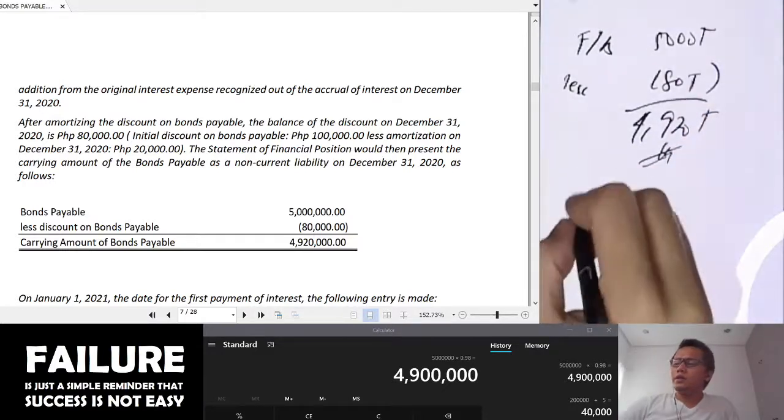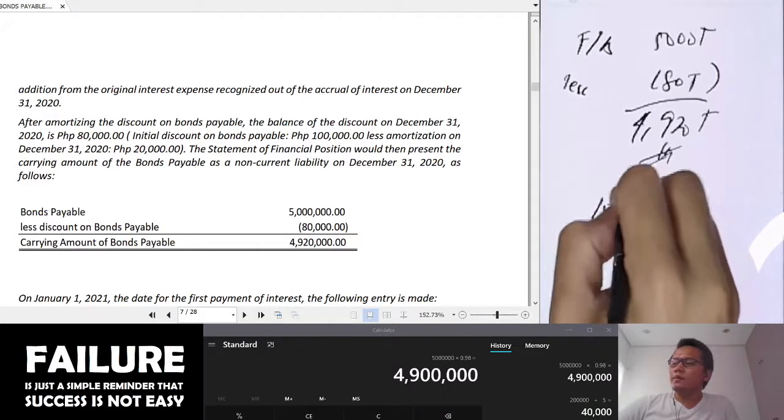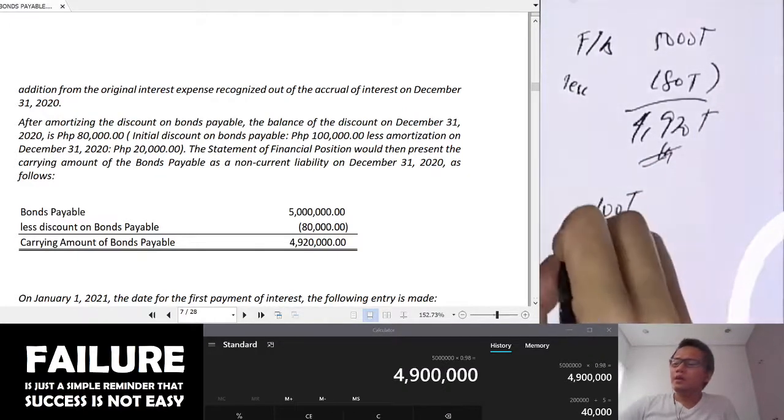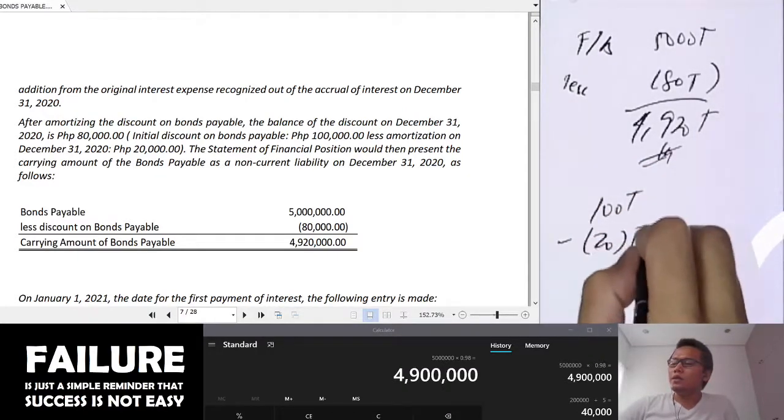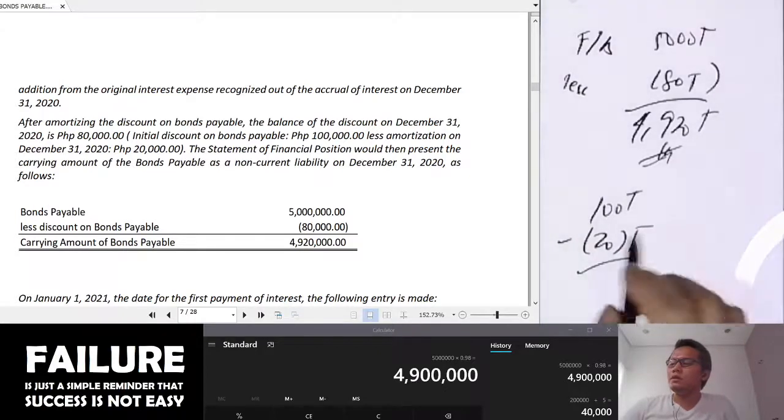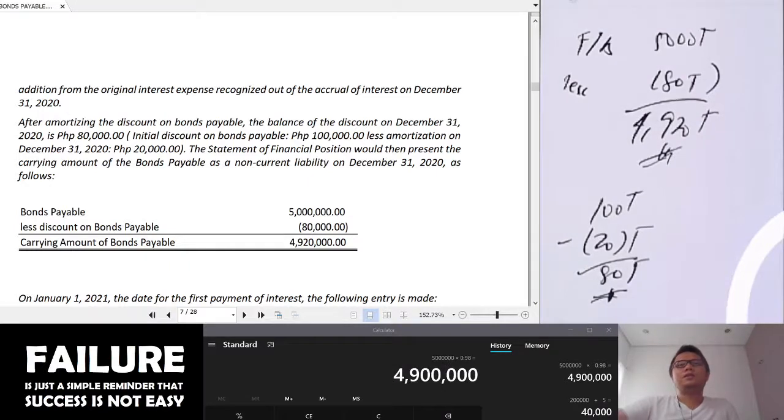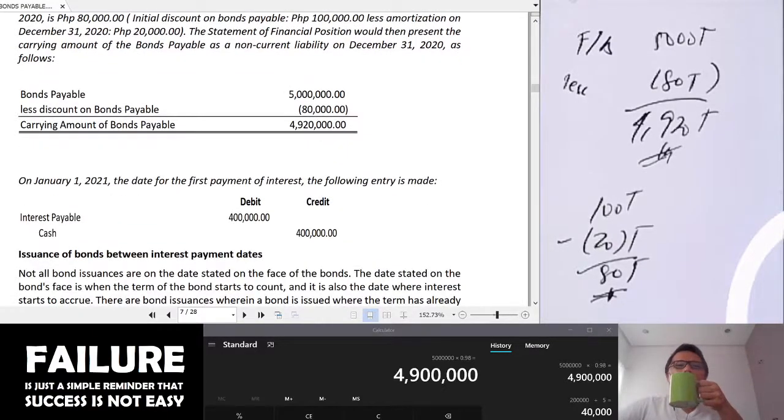We started with a discount of 100,000 and amortized 20,000, so the balance of our discount now is only 80,000. So it is still fairly easy so far.